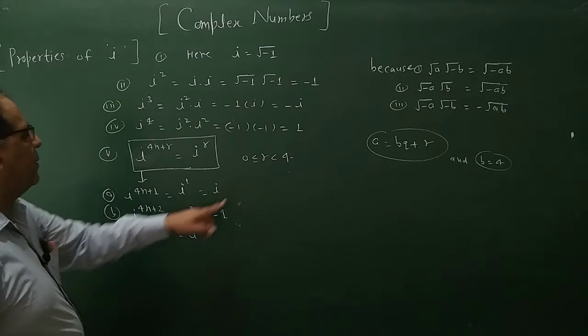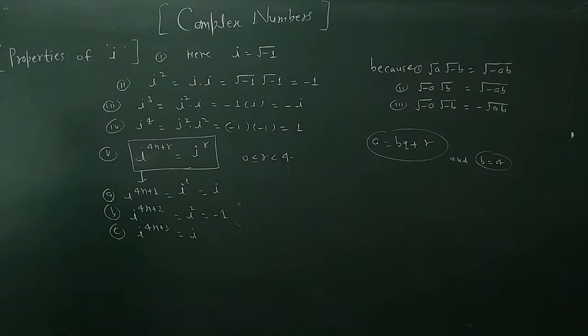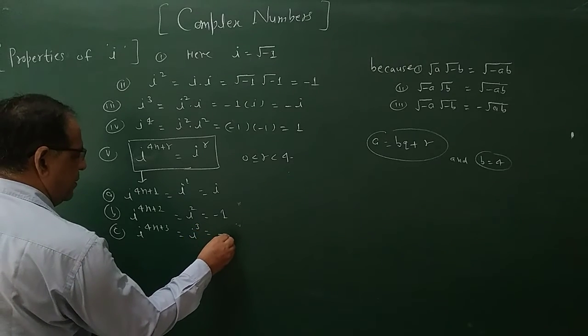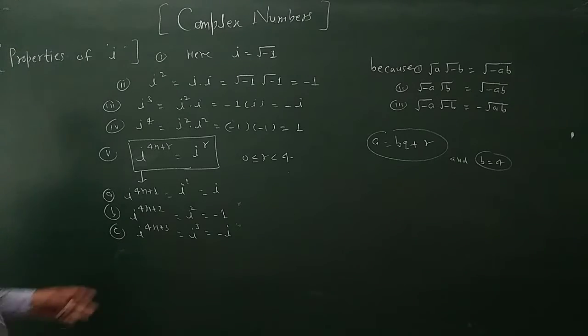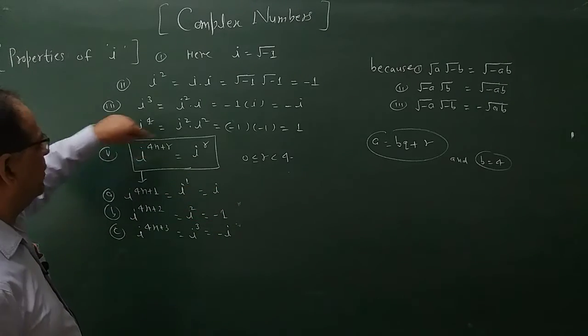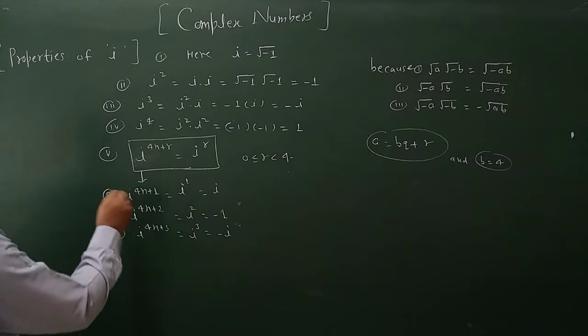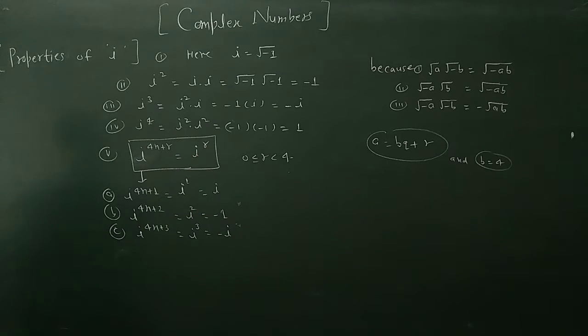The value of r should be 0 or more but less than 4. So iota to the power 4n plus r again repeats by this formula: iota to the power 4n plus r equals iota to the power r.